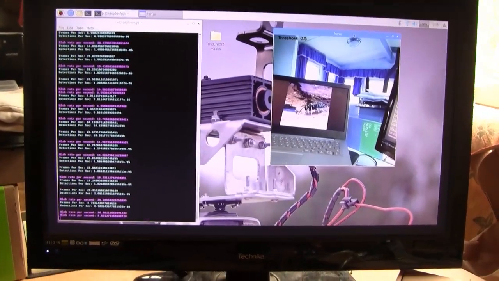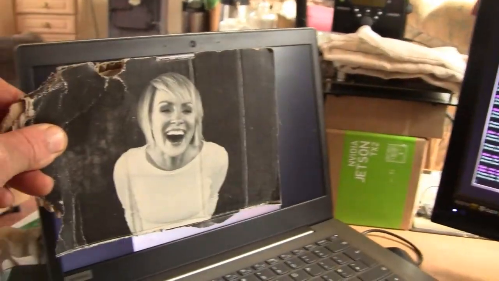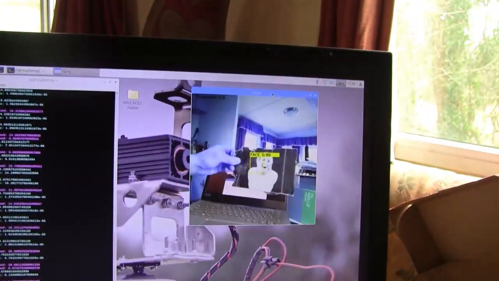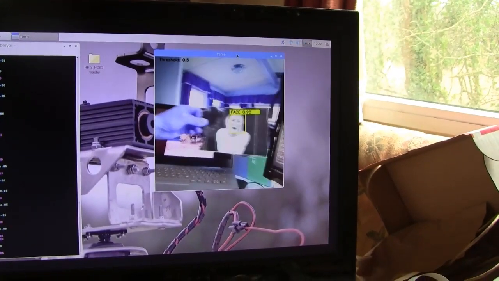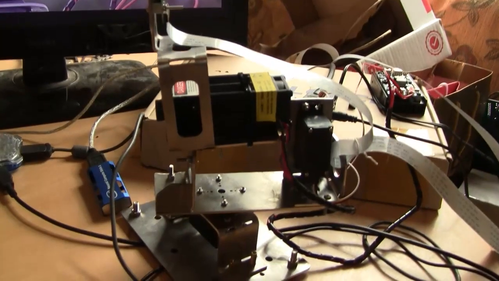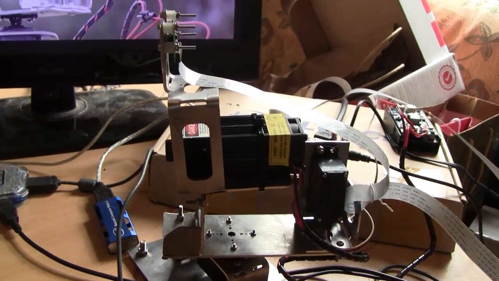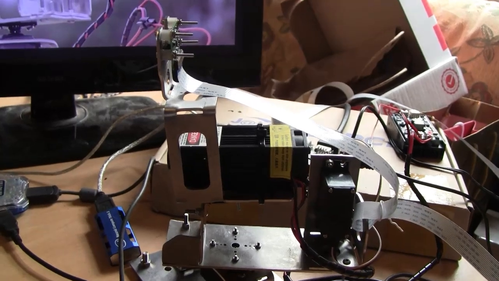So if I stick this cardboard cutout face here, there we are. I'm just moving that around in front of the camera. And you can see it on the screen. It looks a bit better on the screen, and the gimbal's actually able to respond really quickly to this because I've speeded up the gimbal a little bit.